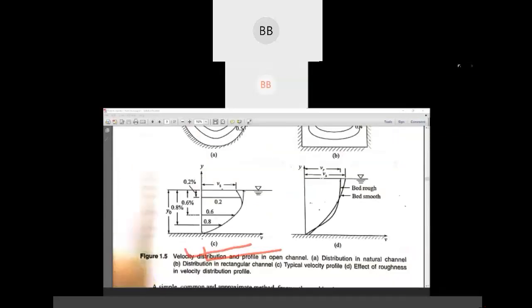You can see here in this diagram. This is the bottom of the channel.